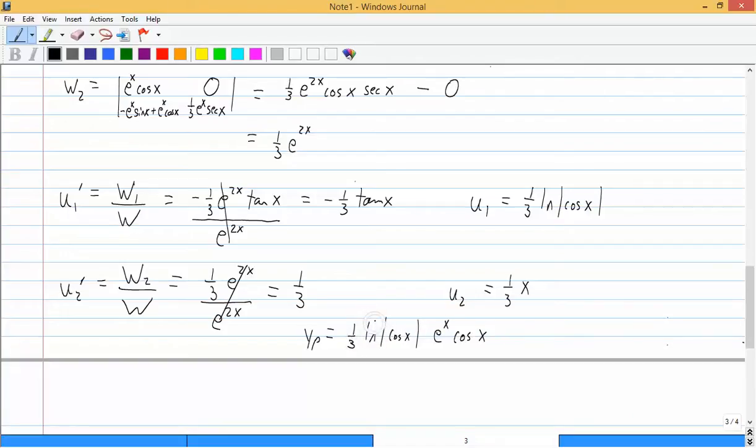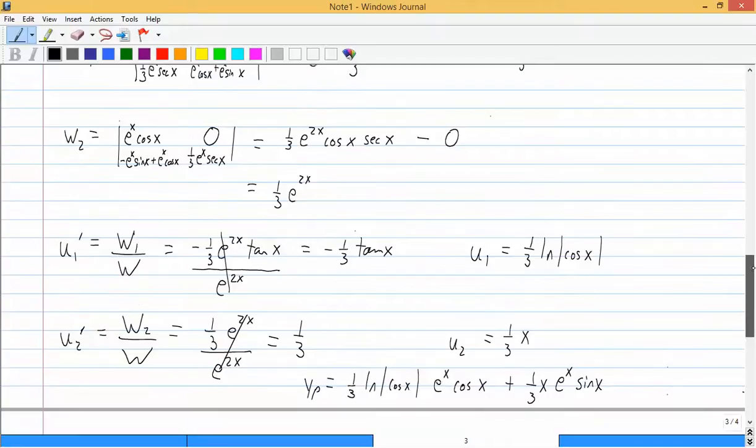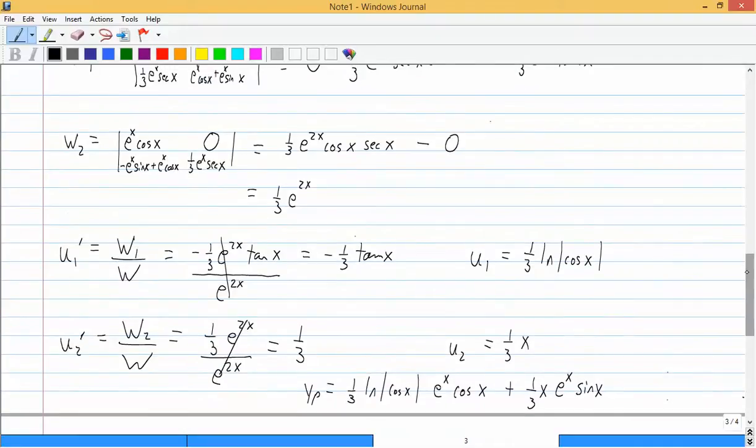I have 1/3 times natural log absolute value cosine x times e to the x times cosine x. Plus, we say our u sub 2 times y sub 2. U sub 2 was 1/3 x. Y sub 2 was e to the x sine x.